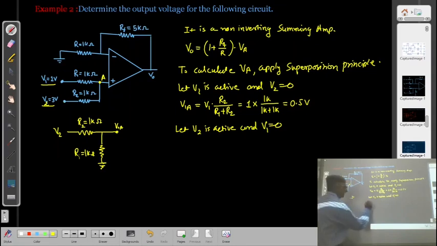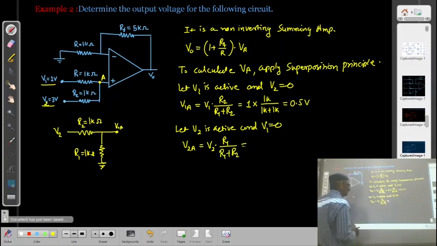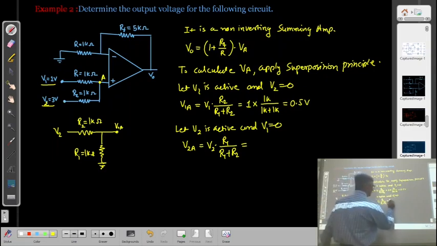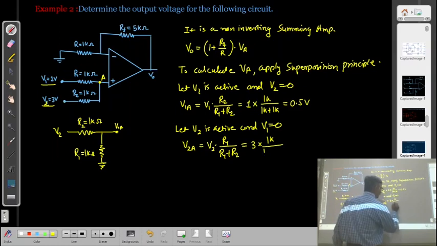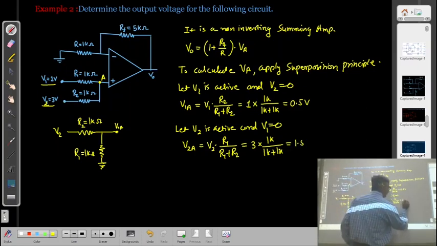So we can write V2A will be equal to V2 into R1 divided by R1 plus R2, and my V2 voltage is 3 volt multiplied by 1K divided by 1K plus 1K, and this is 3 by 2, so it is 1.5 volt.